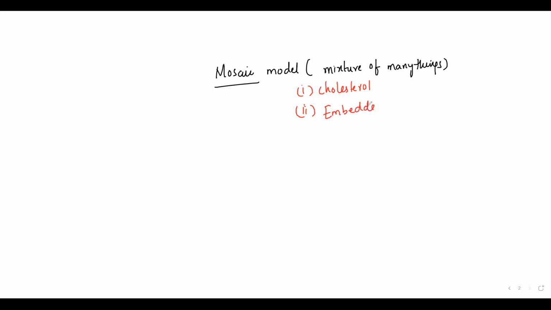There are different sorts of proteins, very specific, very different from each other. Together, we call them embedded proteins, which is making our plasma membrane a mosaic model. So children, let me first come to the topic of cholesterol here. Cholesterol.